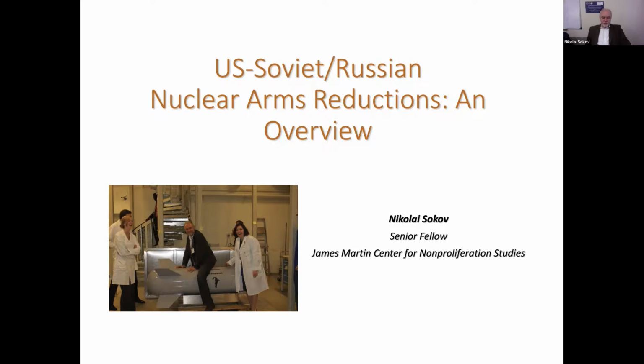I will talk a little bit about the new challenges to strategic stability. And finally, we'll talk about the issues that have to be resolved in order to achieve the elimination of nuclear weapons.